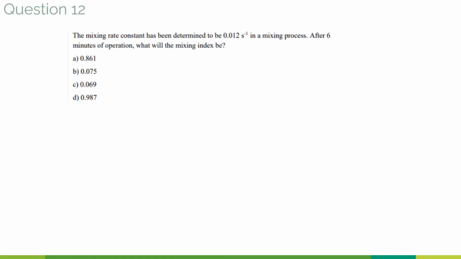Okay, we will solve one of the problems related to mixing index, which is also a very crucial topic in the week's syllabus. So the mixing rate constant, that is the k, is given as 0.012 second inverse in a mixing process. So after 6 minutes of operation, what will the mixing index be?